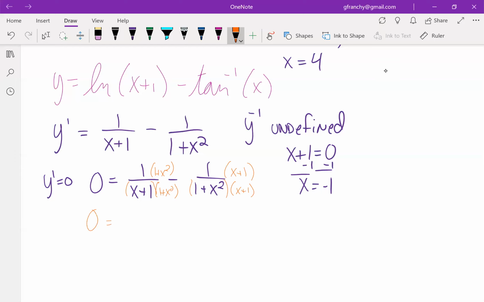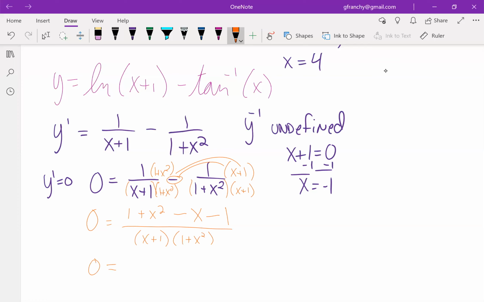So we have 1 plus x squared on top, and then it's going to be a minus x minus 1, because this minus here is going to have to distribute to both. And this is all over x plus 1 times 1 plus x squared.